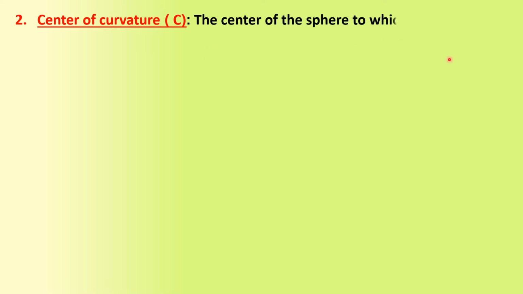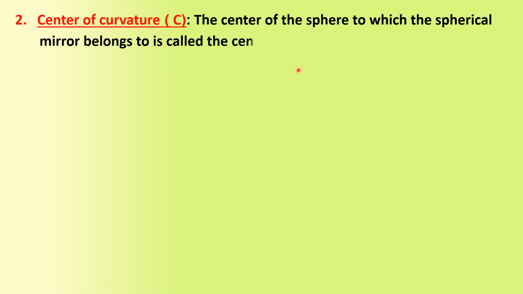The next one is center of curvature. It is denoted by the letter C. The center of the sphere to which the spherical mirror belongs is called the center of curvature.